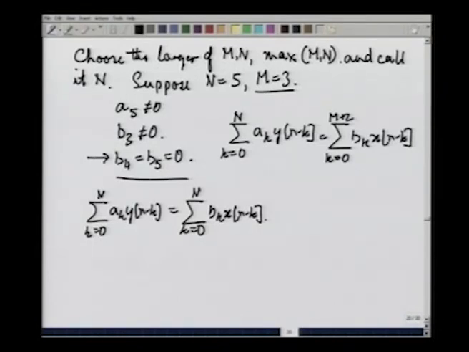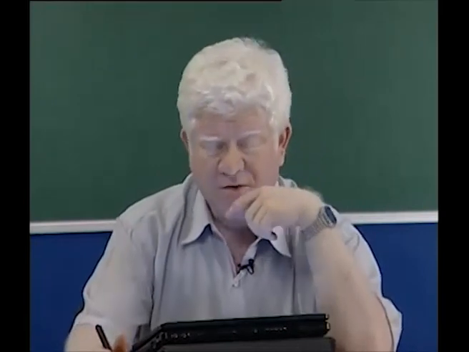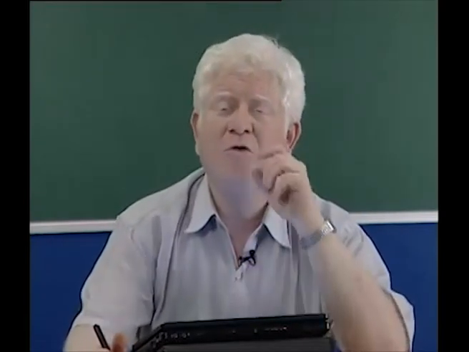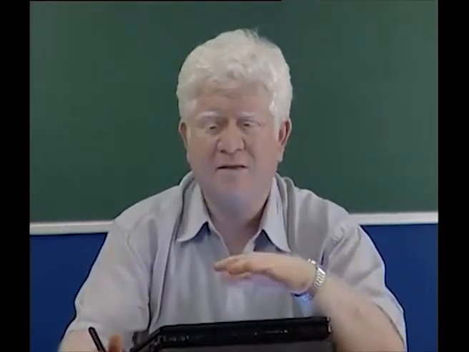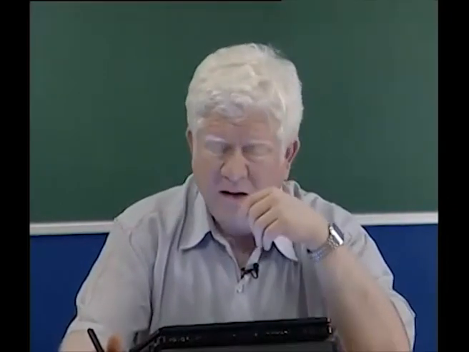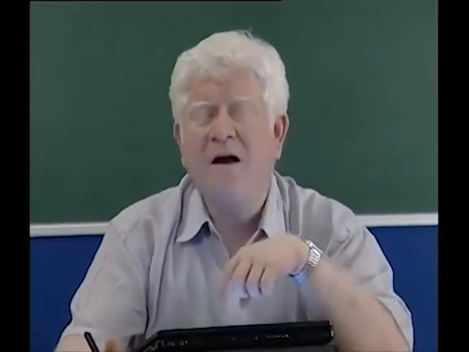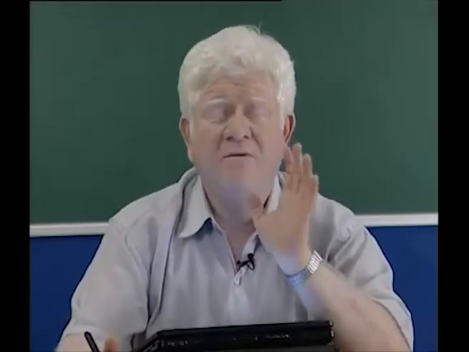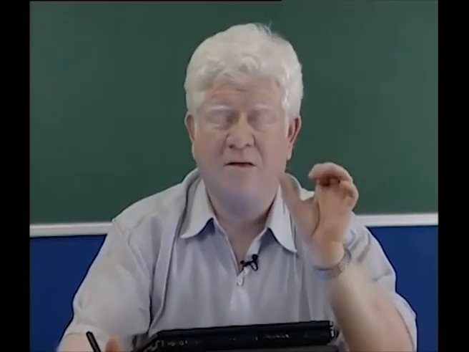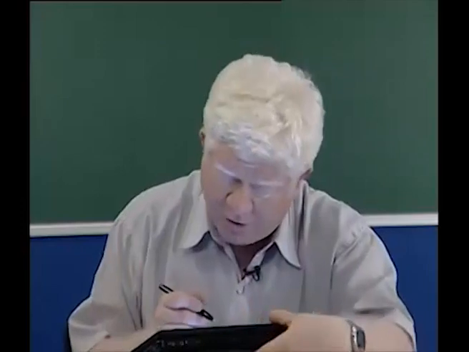right. So, we now have a more convenient form of this kind of an equation which we want to solve to find y n given x n. So, how do we do it? We have to rewrite this equation so that we have an explicit expression for y n, and that is not hard to do.